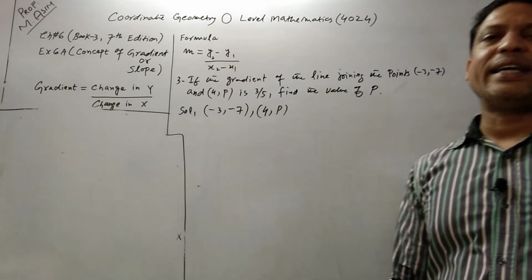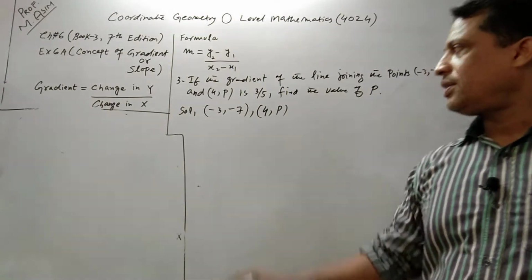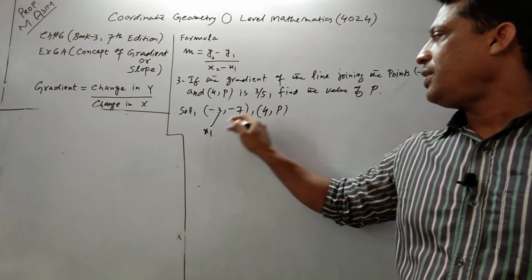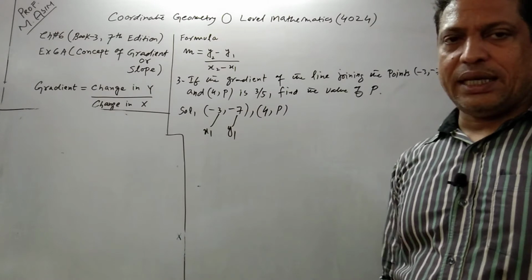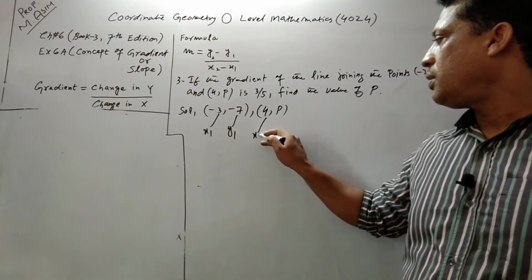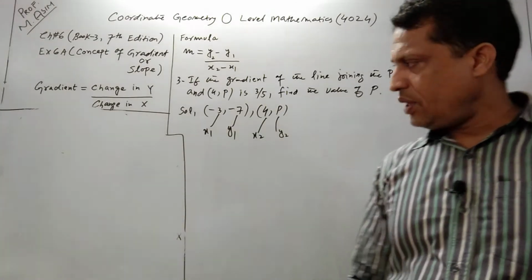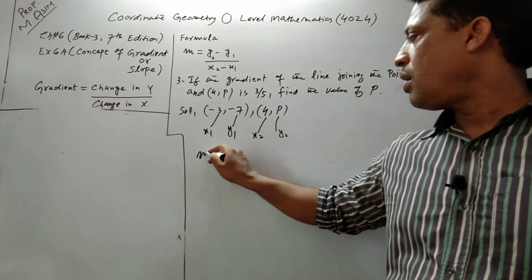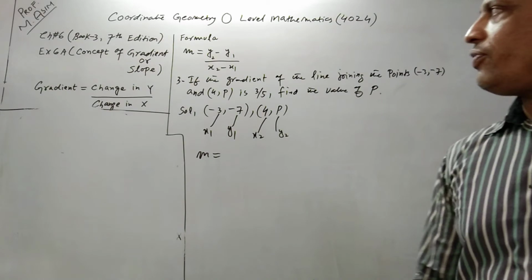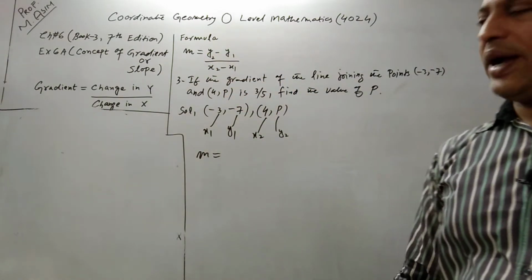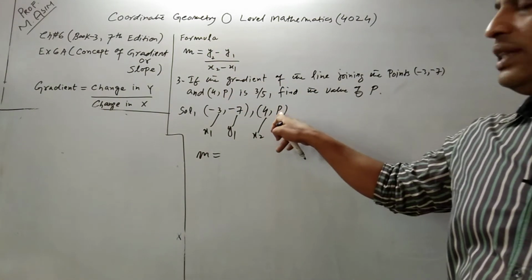First, find the gradient between these 2 points. This is x1, this is y1, this is x2, this is y2. So the gradient m, what is the formula of gradient? y2 minus y1. What is y2 in this case?